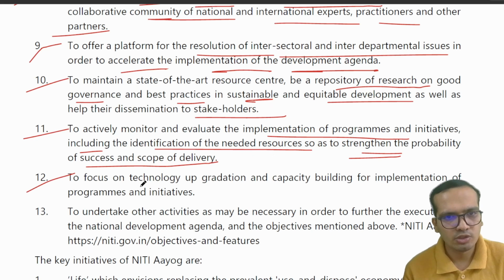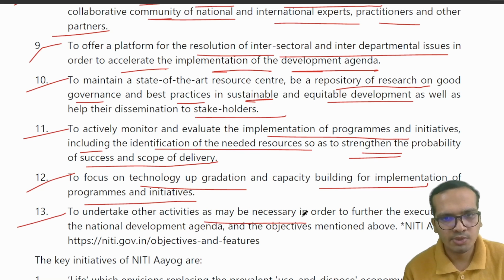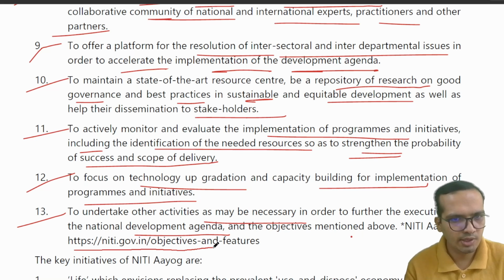Twelfth, to focus on technology upgradation and capacity building for implementation of programs and initiatives. And thirteenth, to undertake other activities as may be necessary in order to further the execution of the national development agenda and the objectives mentioned above. Niti Aayog. This is the website where you can refer.